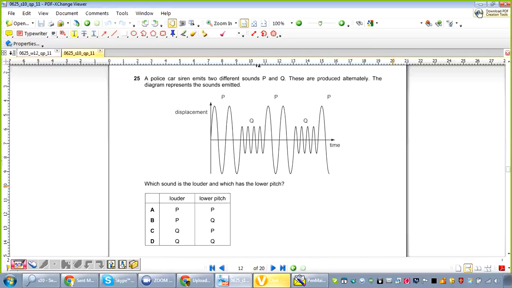Which sound is more louder? P. Correct, because here the height is greater. It means here the amplitude is greater. So obviously P is louder.